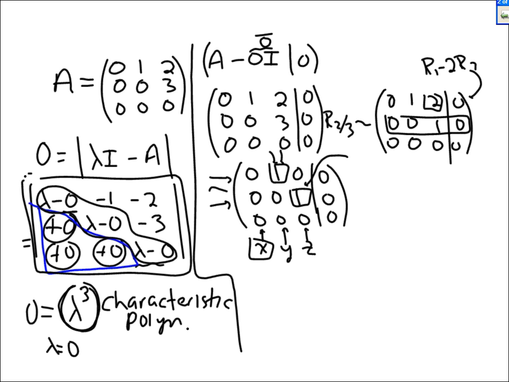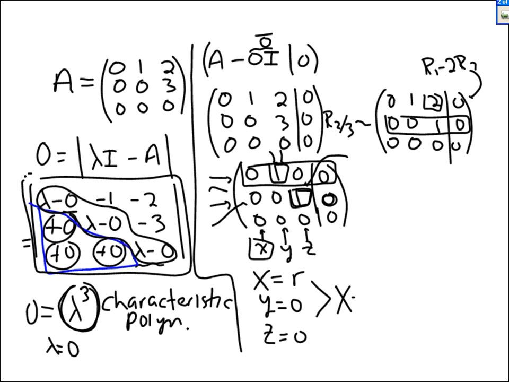So x is equal to r. The first line tells me that y is equal to 0. The second line tells me that 1z, or z, equals 0. So big X is r, 0, 0.